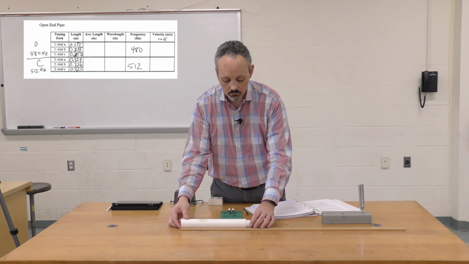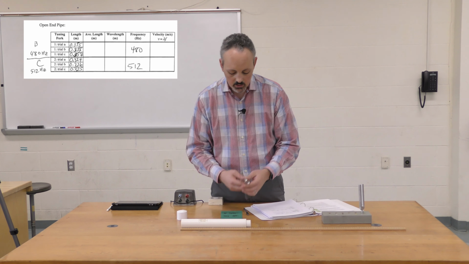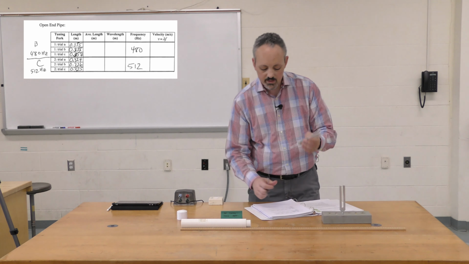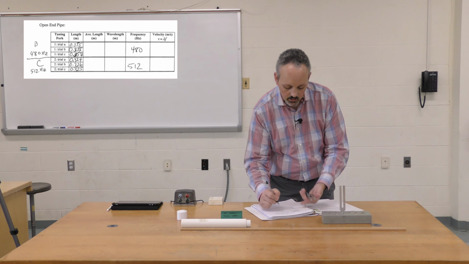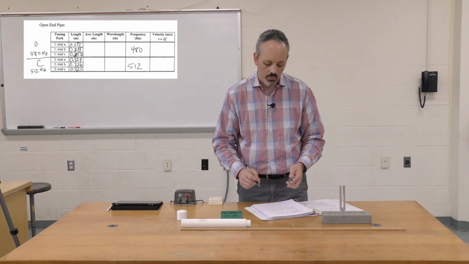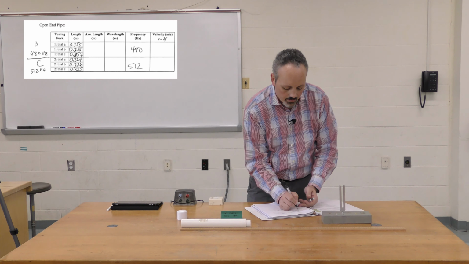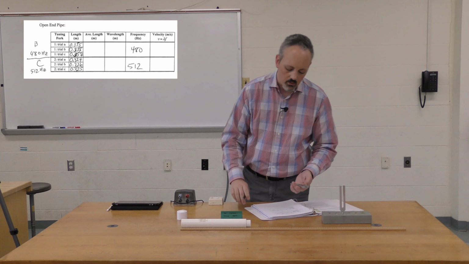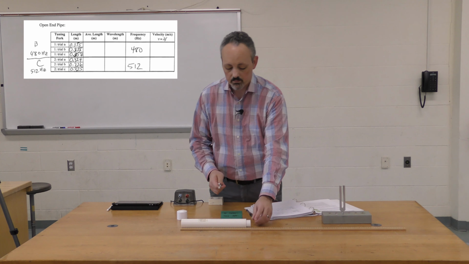So I am now going to switch over from the 480 B. We're going to go to the C, okay? So the C down here is going to be 512. All right, and I'll start taking the trials for this one.